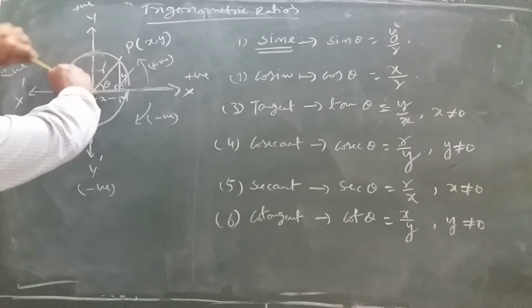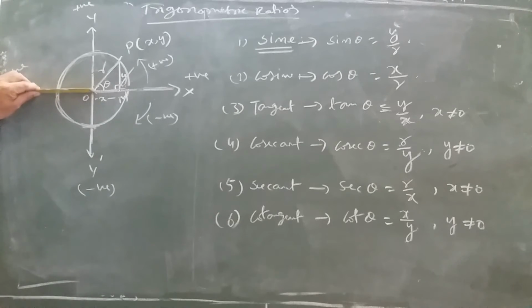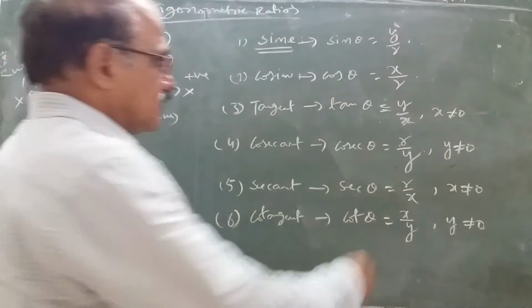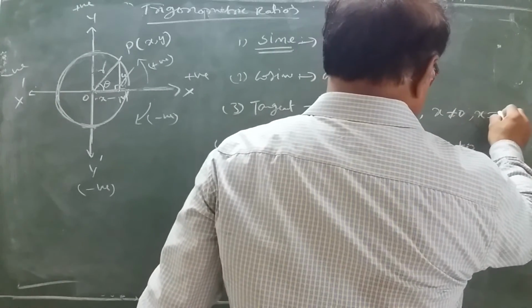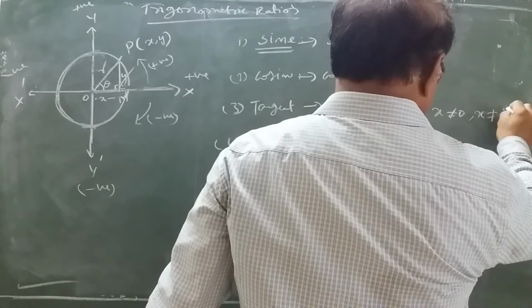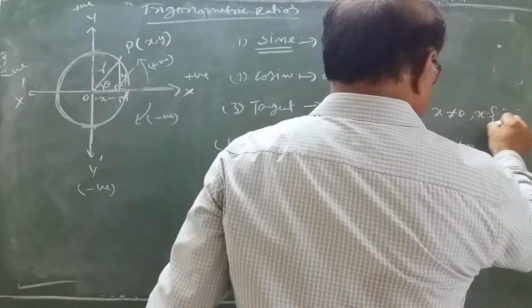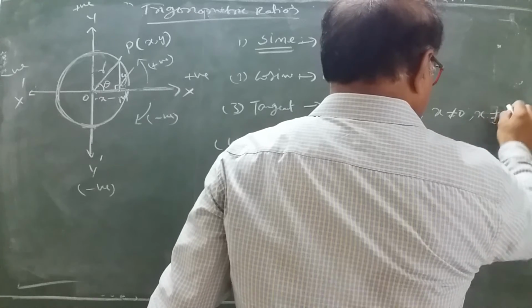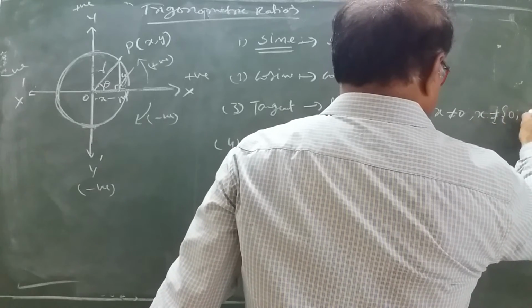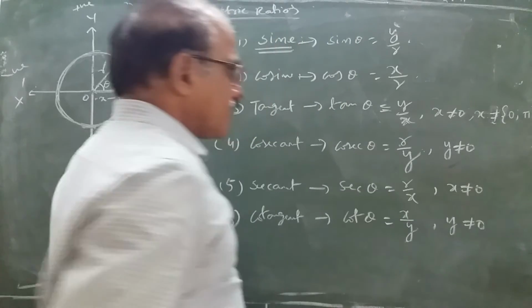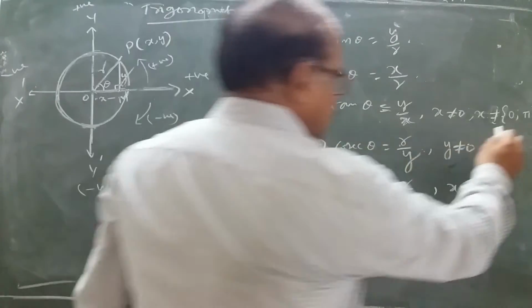And if the ray coincides with the negative x axis, that means 180 degrees. So that implies y does not equal 0 degrees or pi radians, that means y does not belong to 0, pi or 2 pi.